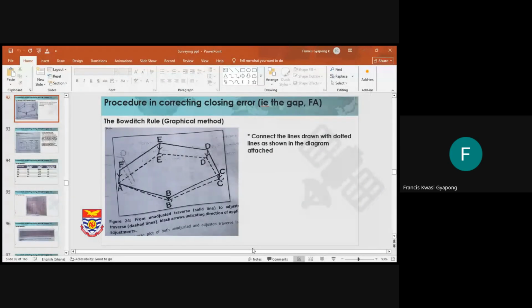Stand at A prime and rule a vertical line, 0.5 centimeters from A prime. I hope you've gotten it. A vertical line, so it is going to be very, very short.